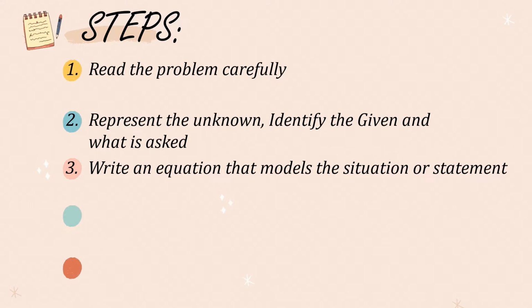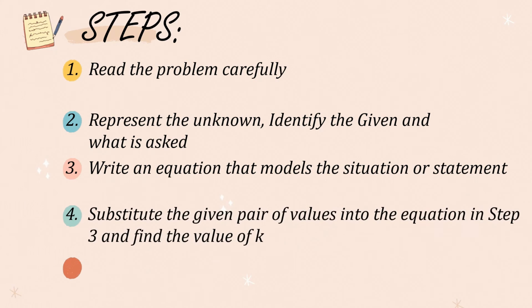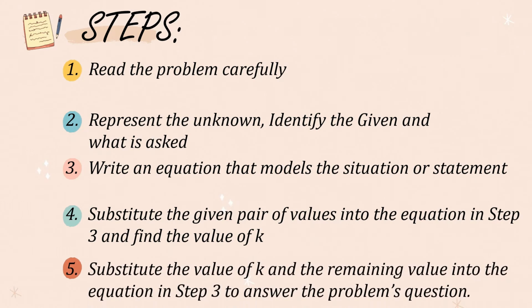This will give us a sense of direction towards our goal. After that, we will substitute the first pair of values in the equation to find the value of k or the constant. After finding the constant, the last step is to substitute the remaining values and the value of k to find the final answer.